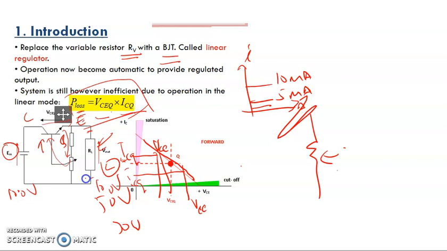But still, the inefficient operation of the system due to the linear mode will limit the size of the load that is applied to the system. So the system is rather used for less than 100 watts, maybe 50 watts and below.